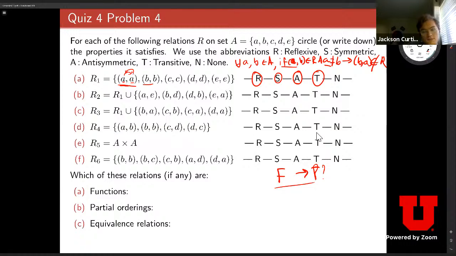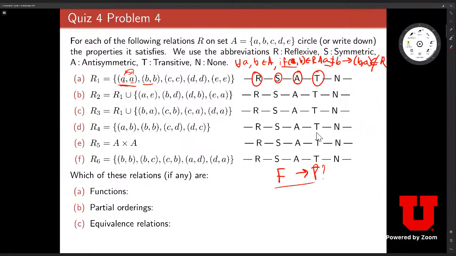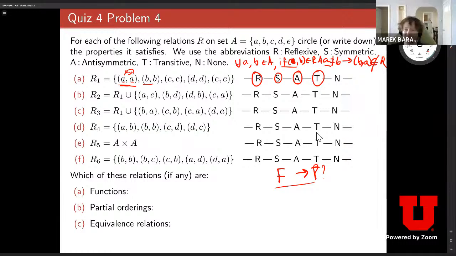So AB is in the set and BA is not in the set, but AA can be in the set. Therefore, because there's no contradictions for anti-symmetric, it can be anti-symmetric. Correct. That is exactly right. Thank you. Good questions and comments.